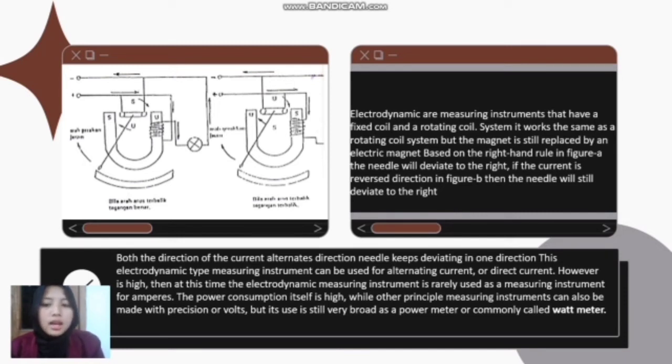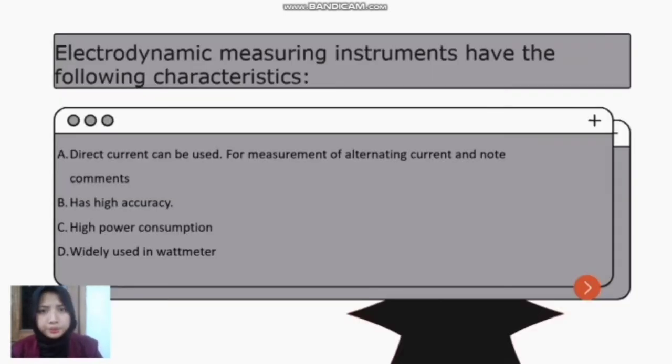But its use is still very broad as a power meter, or commonly called a wattmeter.